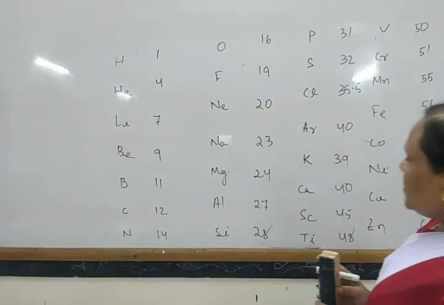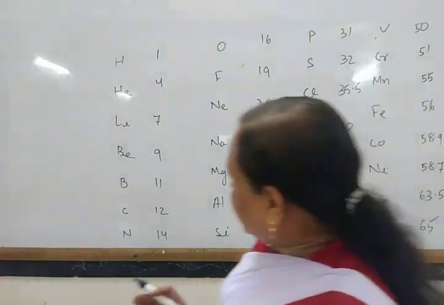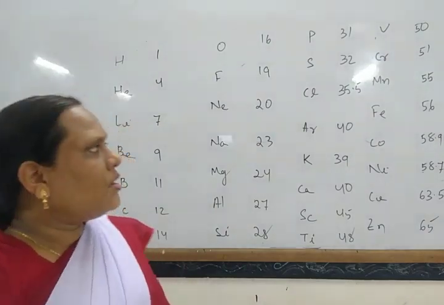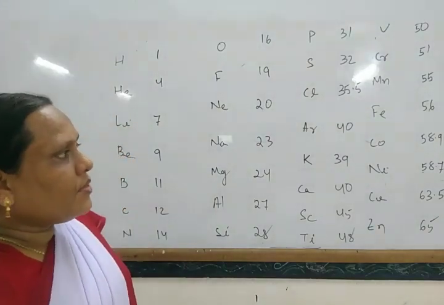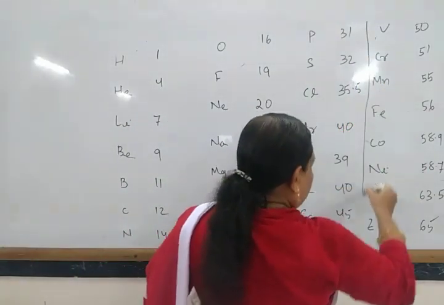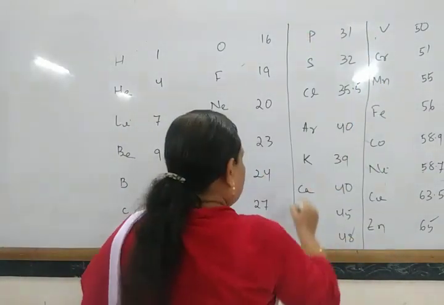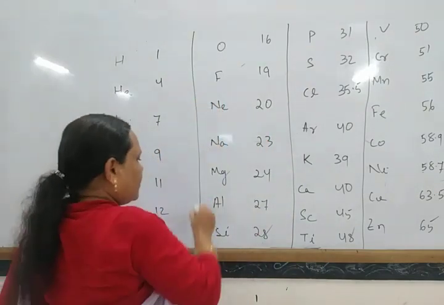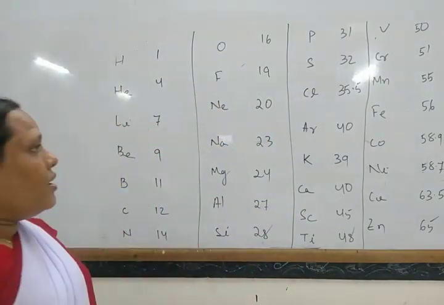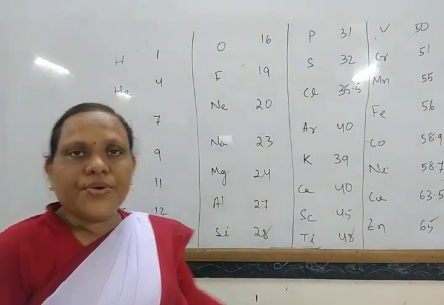Up to atomic number 20, there is a rule to remember the atomic masses of the elements. These are the atomic masses of the first 30 elements that will be required in future.